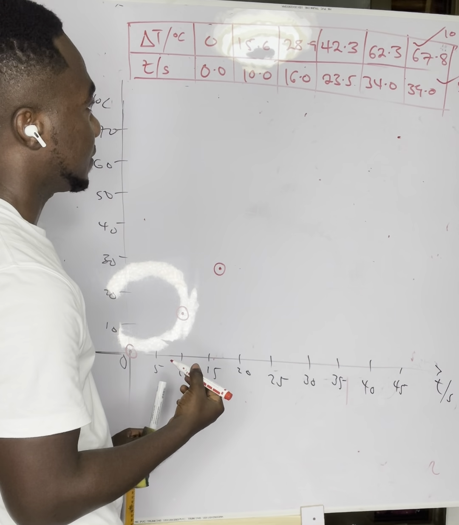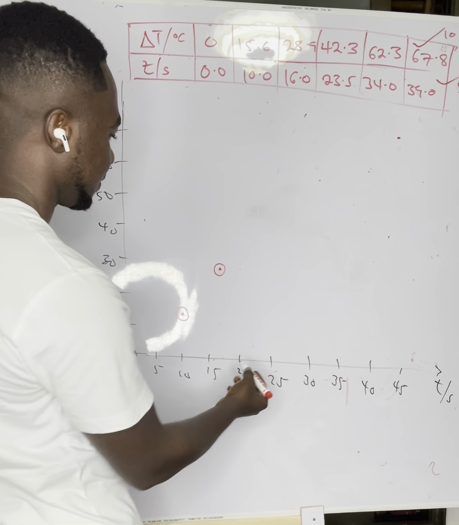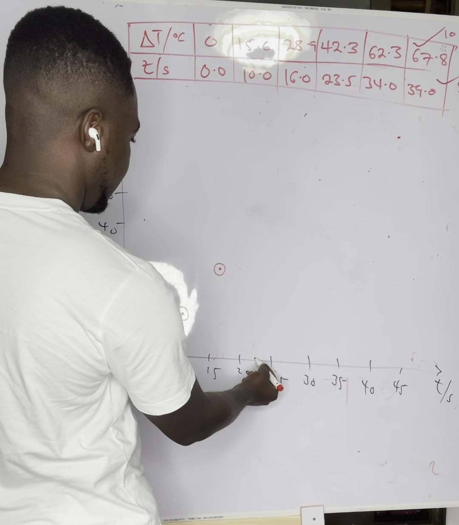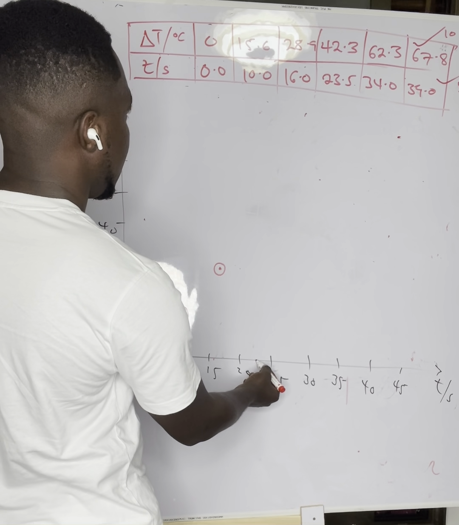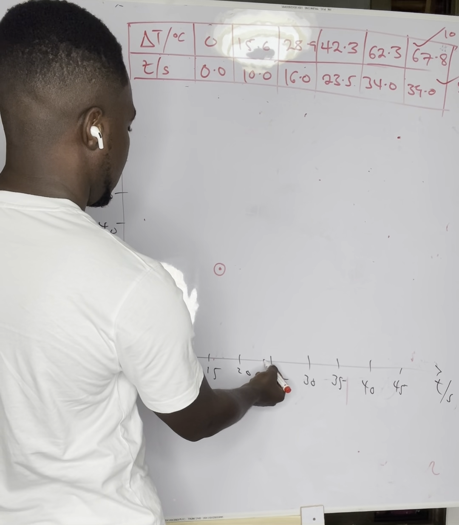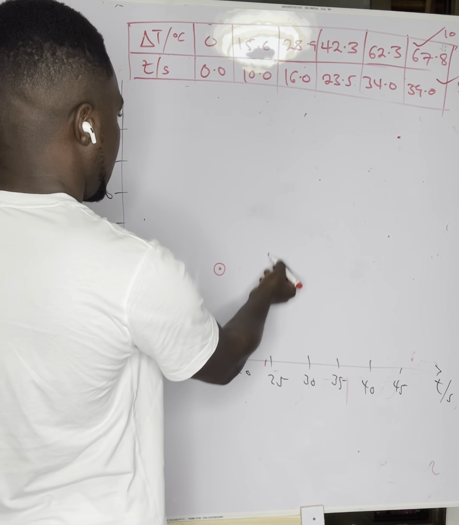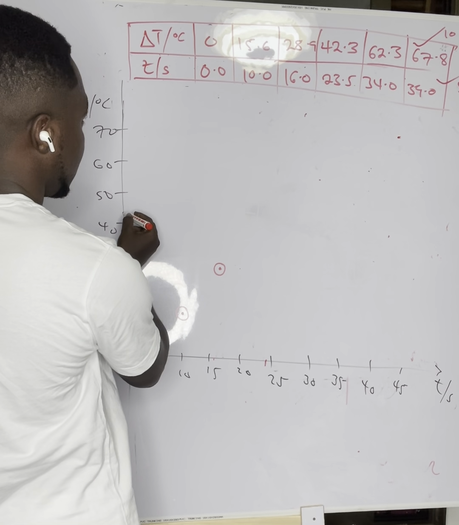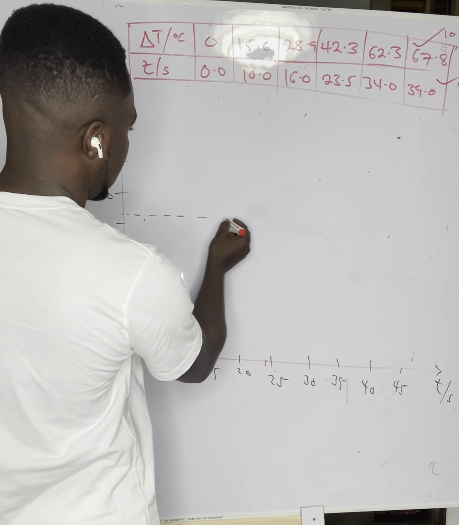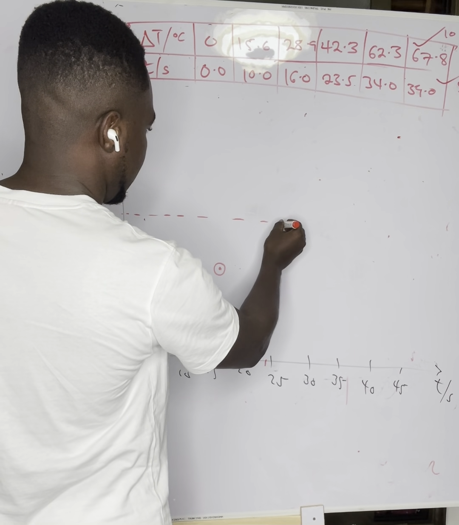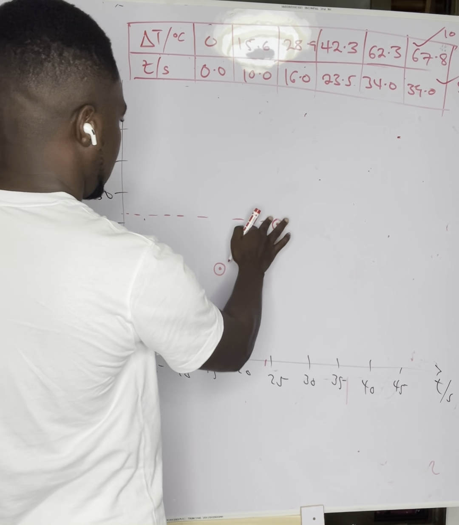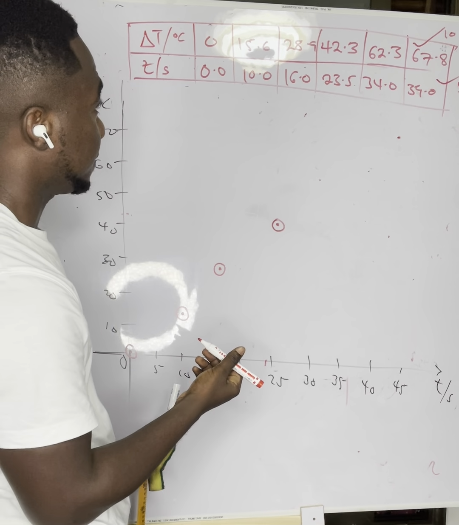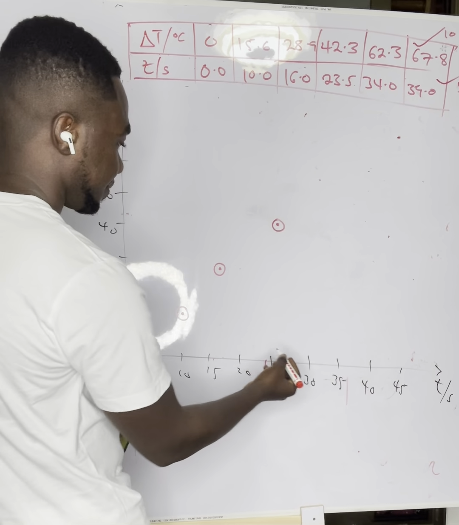Then 23.5 against 42.3. 23.5 approximately 24 somewhere here. This side is okay. Against 42.3, so 41, 42. So somewhere here is okay. Then 34 against 62.3.